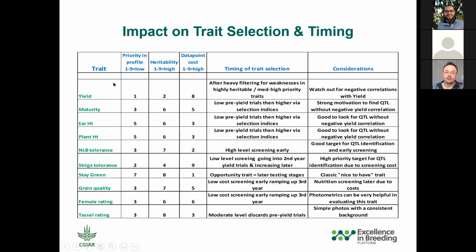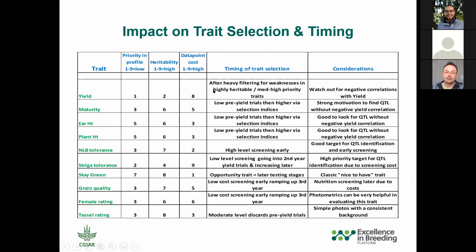Okay, so you have a trait, you have a priority of that trait, you have some information about the relative level of heritability, you have data point costs, because again, budgets are always critical. And then think about the timing of that information on trait selection, okay, and other considerations you might have. So for example, again, yield, always number one, unfortunately relatively low heritability, and the data costs are pretty high.